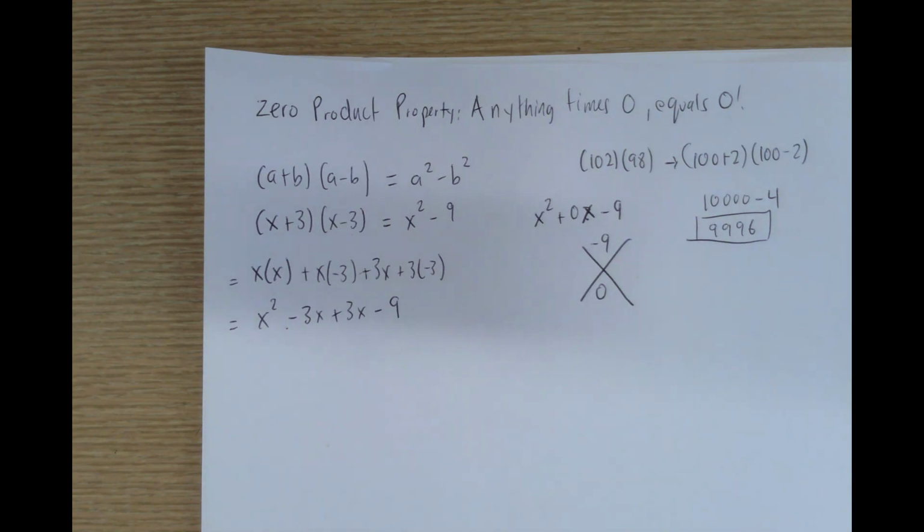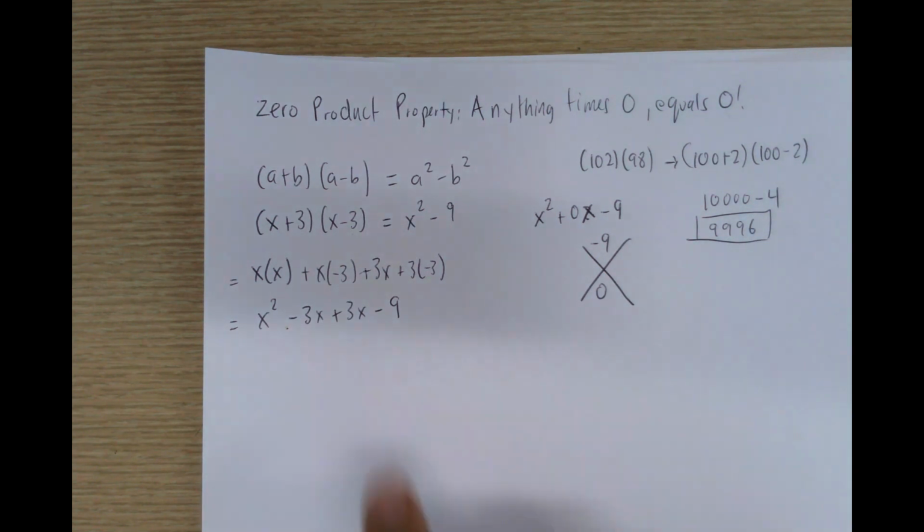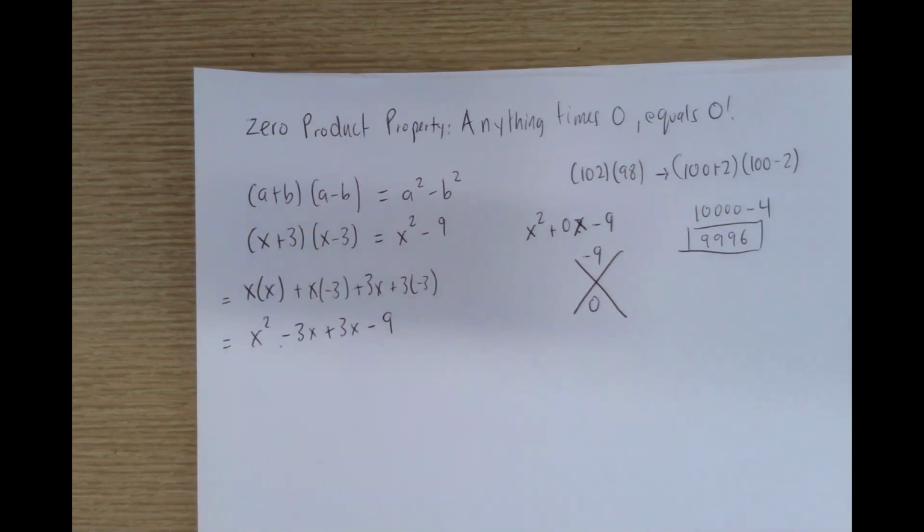They'll throw problems at you where they ask you to multiply big numbers, and what you're supposed to do is split it up and apply this pattern. So this is actually a faster way of multiplication. Again, it's very interesting.